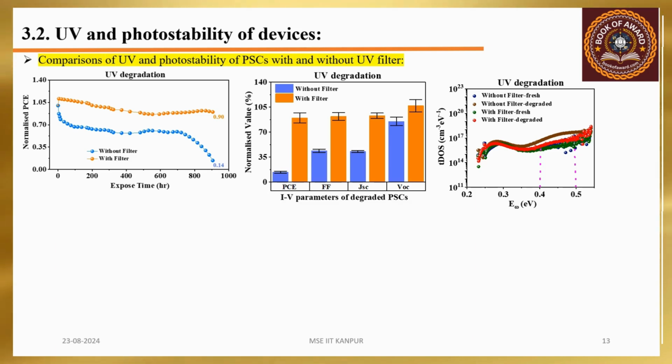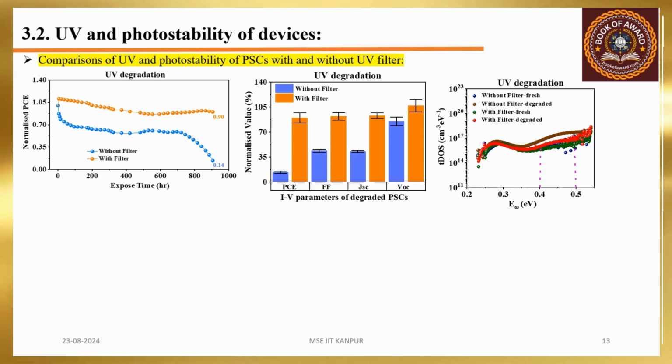To observe the UV degradation with filter and without filter, we have done impedance spectroscopy of degraded devices to measure the defect density of perovskite solar cells.